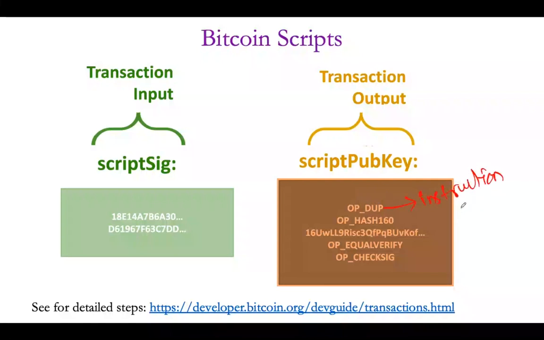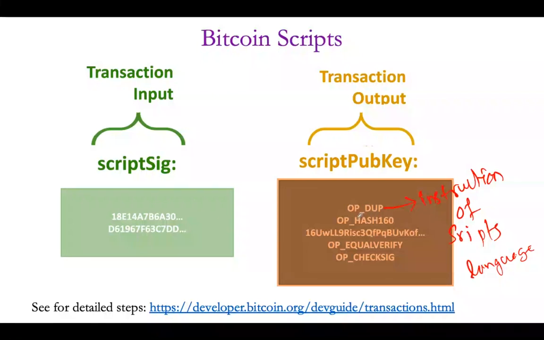It is an instruction of your script language, which will be executed by your sender as well as your receiver, or we can say the creator and the spender. DUP means duplicate the top item in the stack.